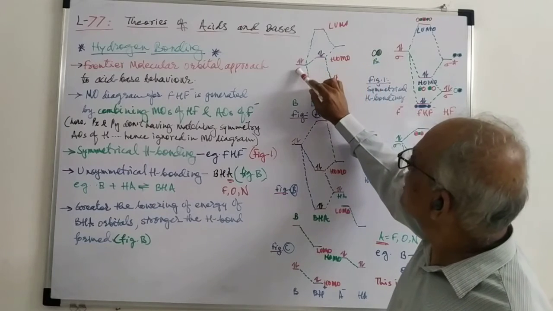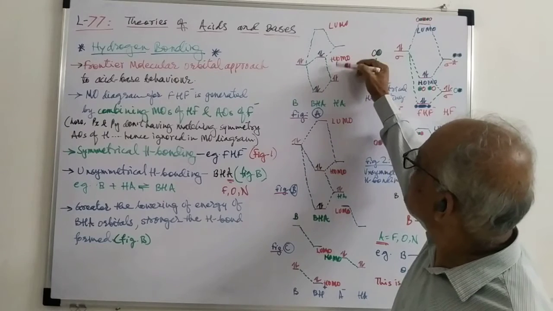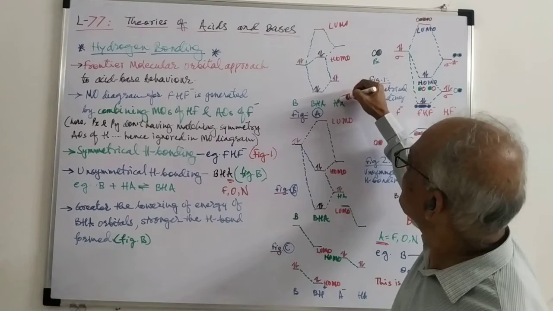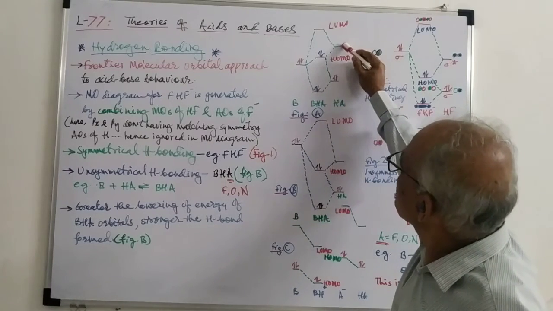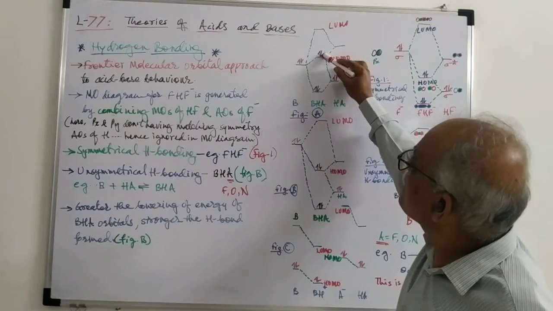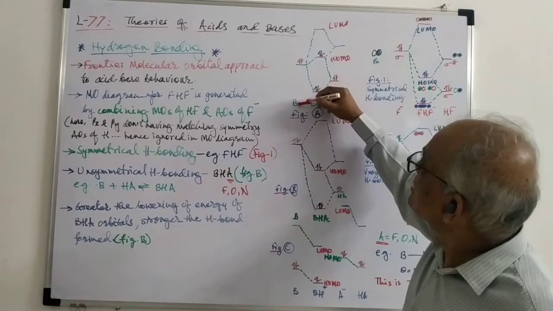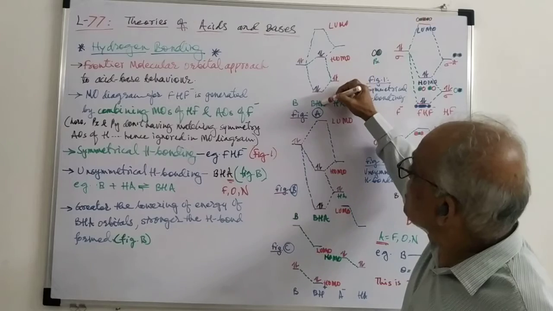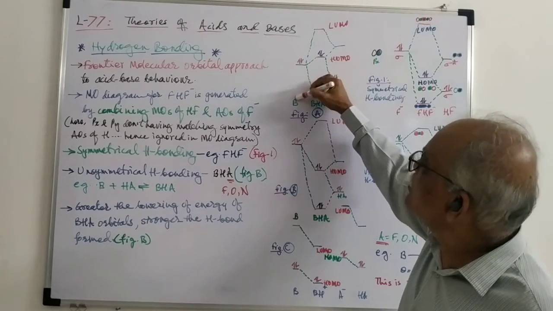Similarly, this bonding molecular orbital may show this. You will see here this is bonding, this is the HOMO and this is the LUMO for HA. But here you will find that the LUMO is higher in energy than this HOMO. This HOMO is higher in energy than the HOMO of boron. So you will find here that the HOMO of the product BHA is higher in energy than the HOMO of boron.